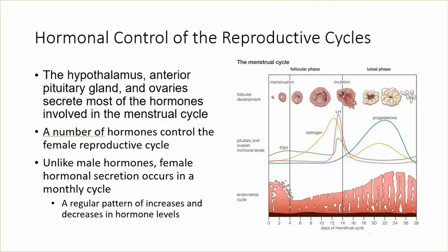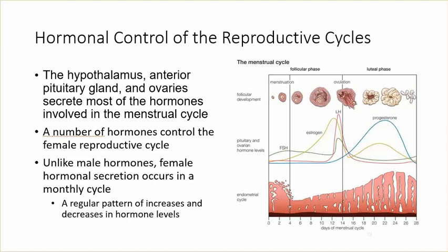Okay, so the cycles, there's the ovarian cycle and there's the uterine cycle, the menstrual cycle. And these two things have to be coordinated. So in the ovarian cycle, we start out with primordial follicles that get stimulated by follicle stimulating hormone.